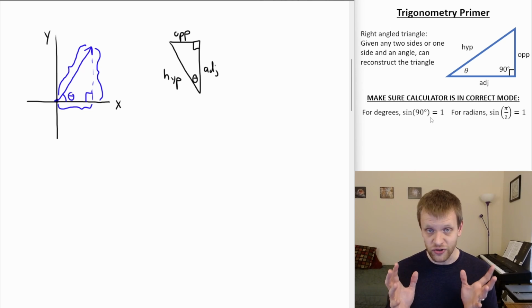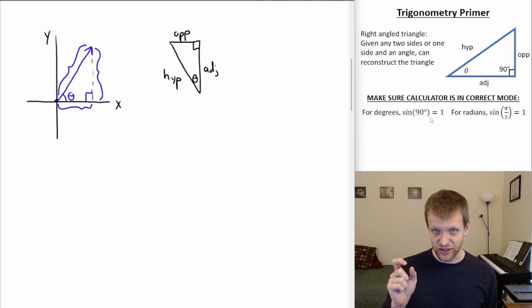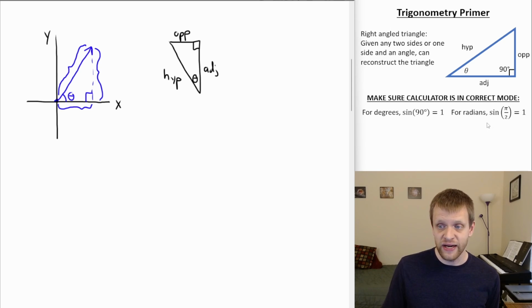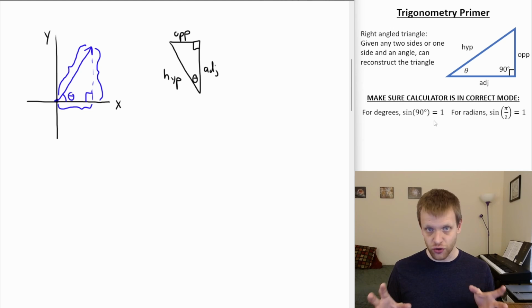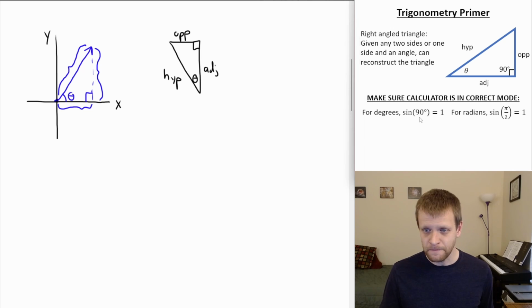If you type in sine of 90 degrees and it gives you anything other than 1, you're going to have to look up for your particular brand of calculator how to change that mode to degrees mode. If you're working with angles in radians, then sine of pi over 2 should be equal to 1. For the purposes of this video, I'm just going to be using angles in degrees, so if you're following along, make sure that your calculator is in degrees mode right now.